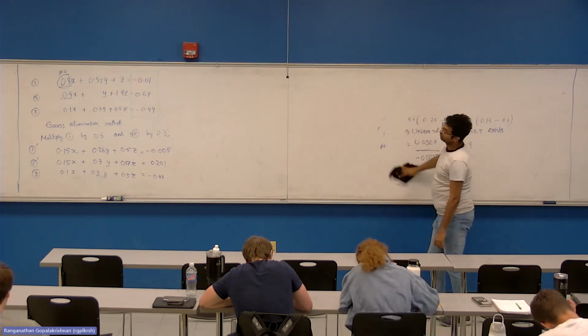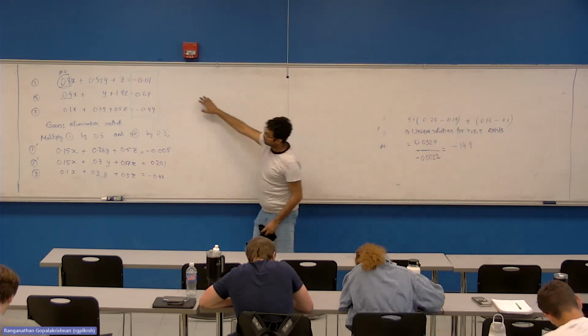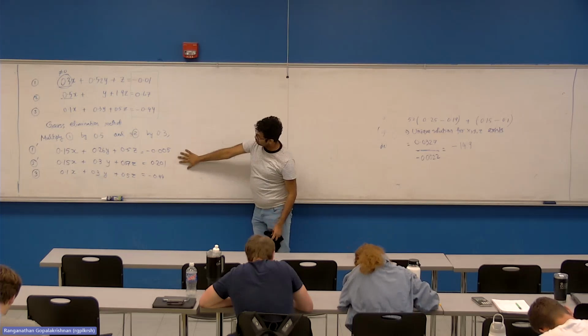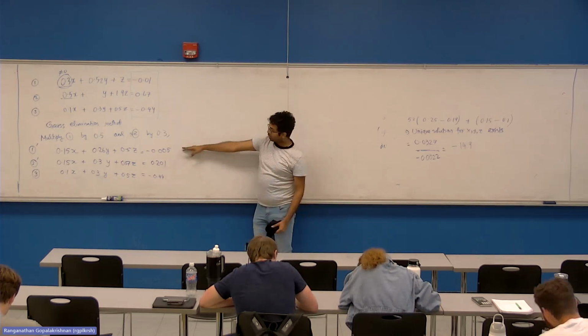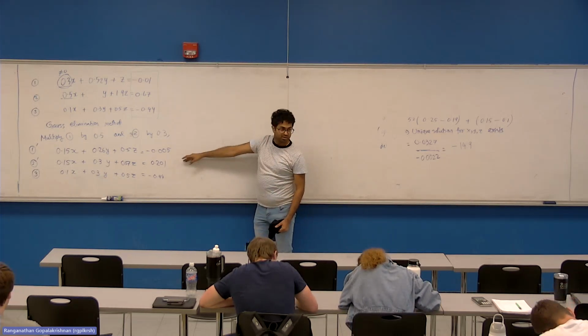So you have gone from the original set to this set, which is still equivalent because all you did was multiply by constants.